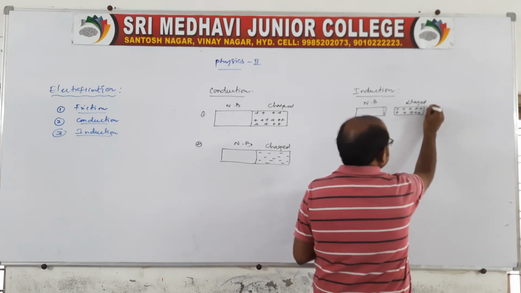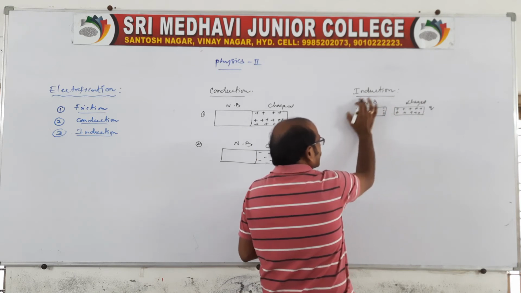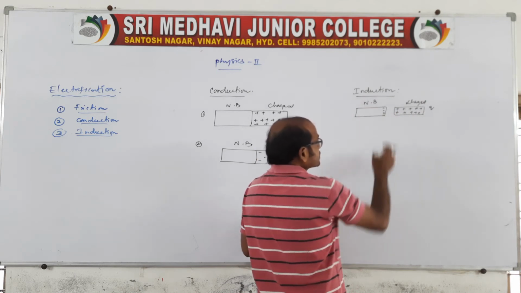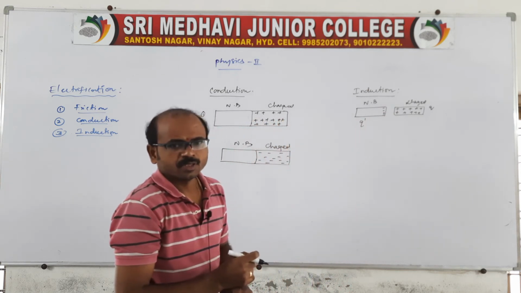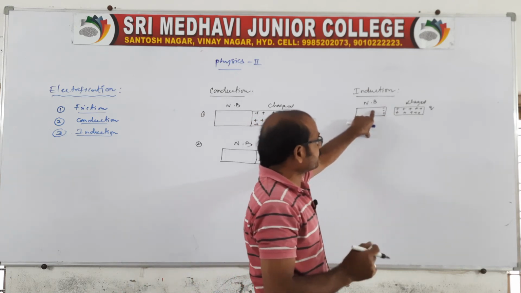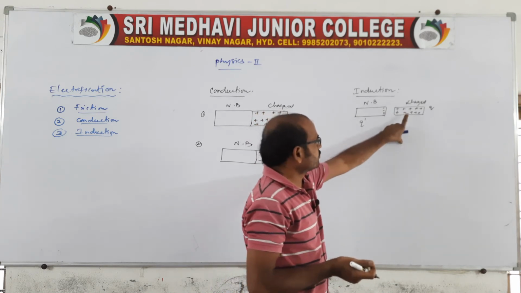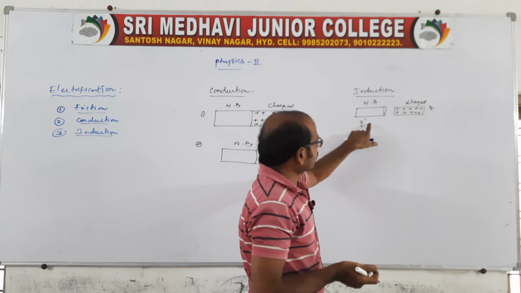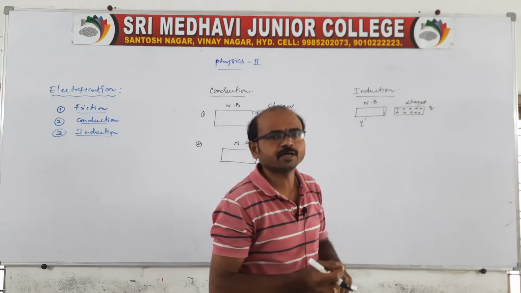Suppose the charged body has charge Q. Because of the influence of this charged body, the uncharged body becomes charged. Because of induction a charge is induced, say Q dash. Before induction there is no charge, because it is an uncharged body. Therefore the charge induced on the uncharged body is Q dash.